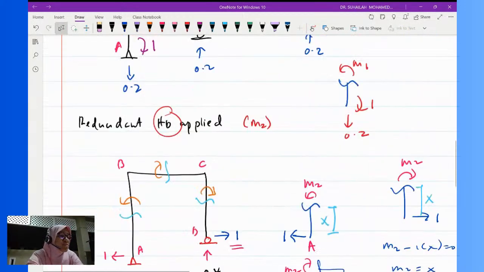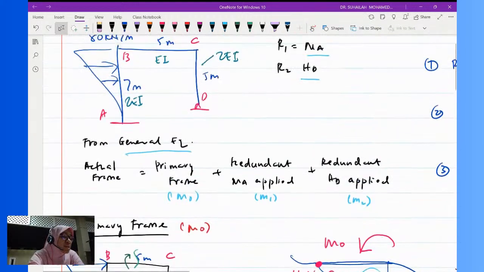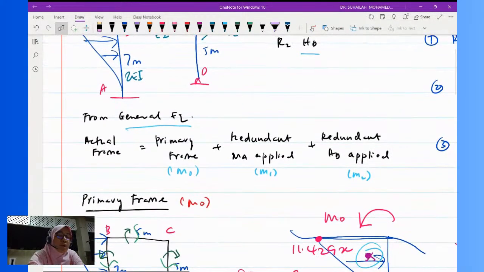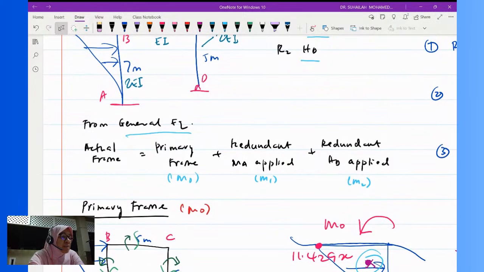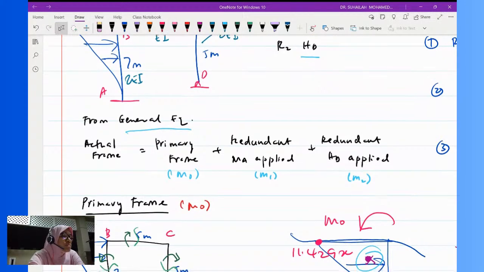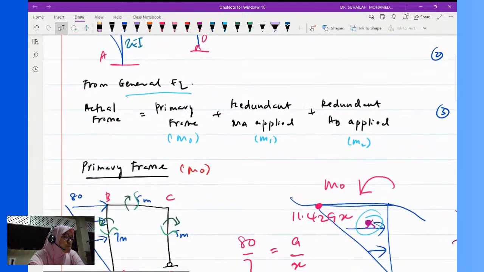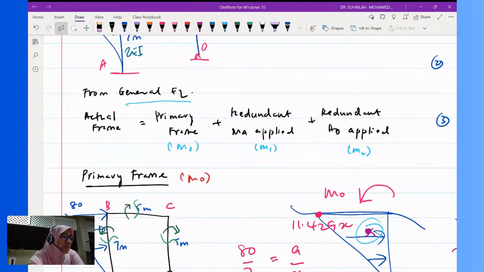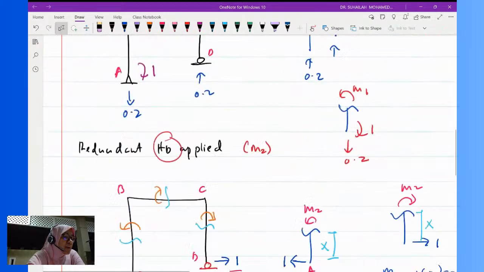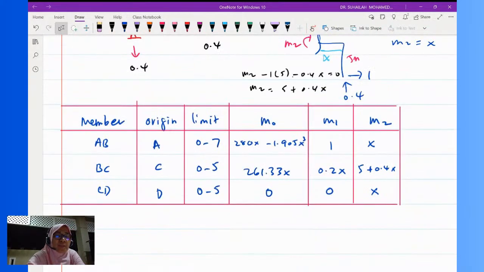Okay, so this is what I mean. You have to focus on what is important. Write the general equation to guide you: the system, the type of structure, primary frame, redundant MA applied, redundant HD applied. And then we want the moment equation, because the moment equation is the input in the displacement formula.